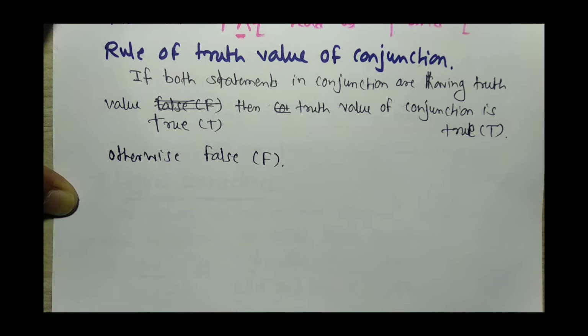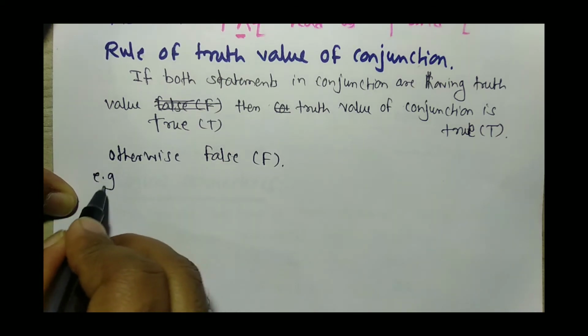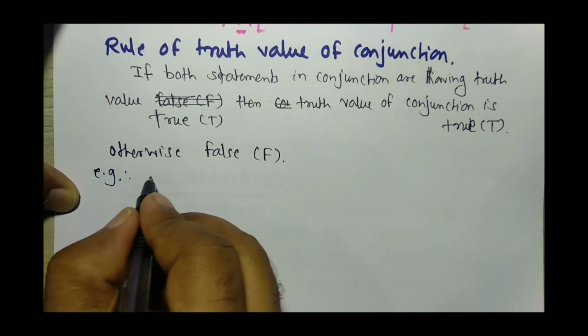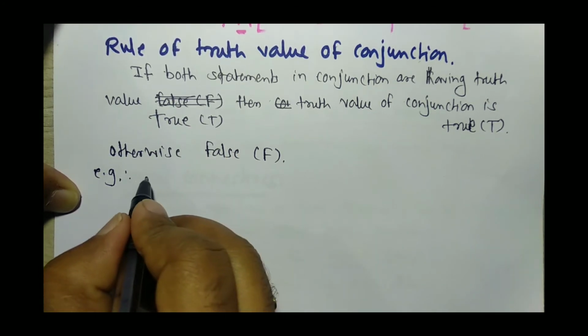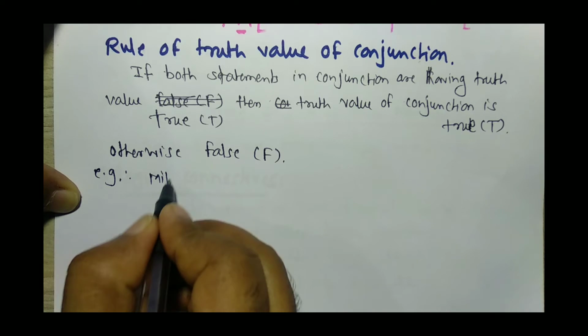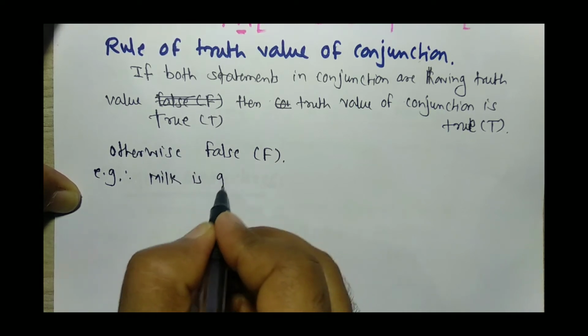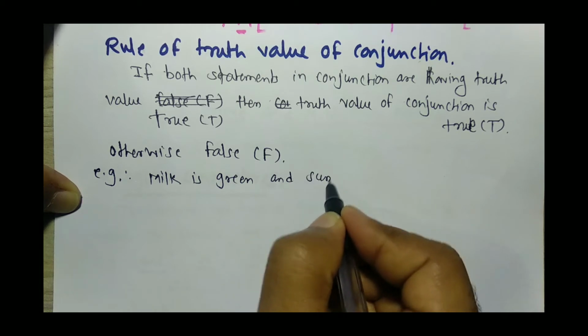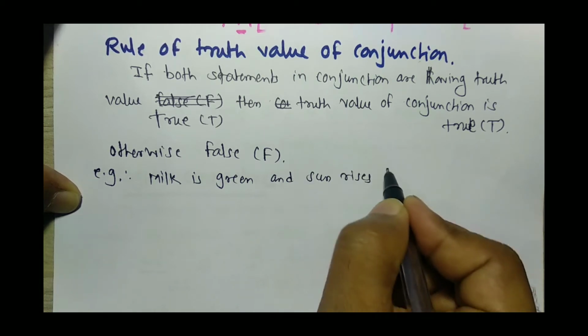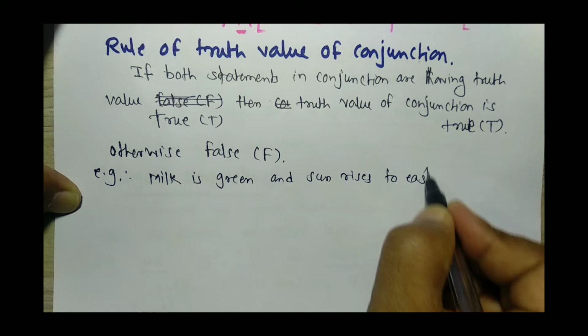For example, two statements are connected by "and", then you will get the conjunction. Let us consider: milk is green and the sun rises in the east.